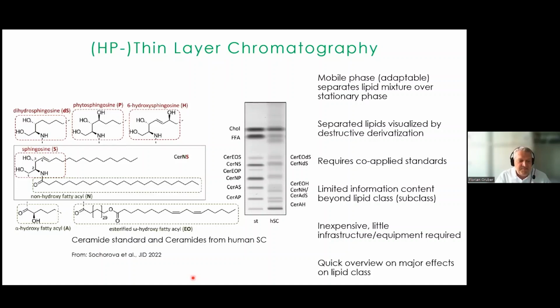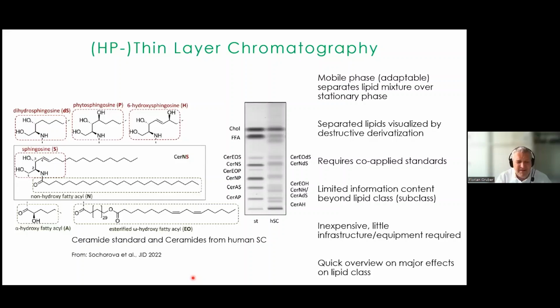In TLC, you have a mobile phase, a solvent mixture in which the lipids are dissolved, which passes over a thin layer of a stationary phase. This is usually a silica gel, and for high performance, a very size-exact silica. With this method, you can separate a lipid mixture into its components.